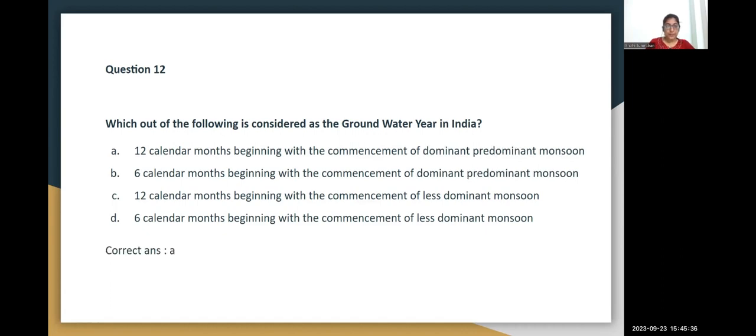So option A will be the right answer. It is 12 calendar months beginning with the commencement of the predominant monsoon season. It is not from January till December, but starting from the most dominant monsoon in that year and 12 months from that.